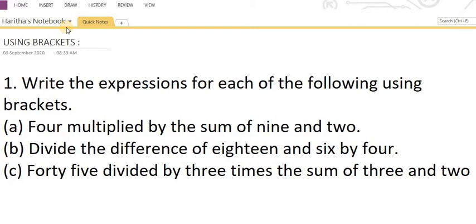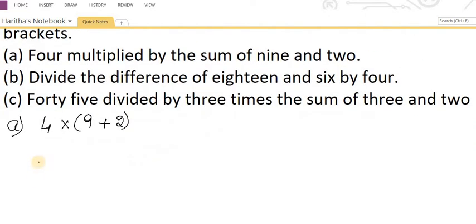Write the expressions for each of the following using brackets. 4 multiplied by the sum of 9 and 2. So first what you should do here, you should add 9 plus 2, then 4 into 11, that is 44.